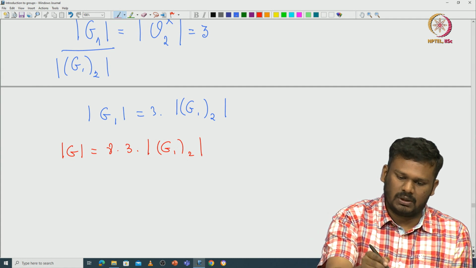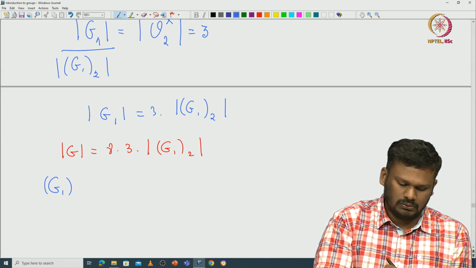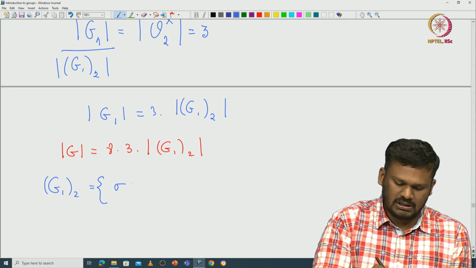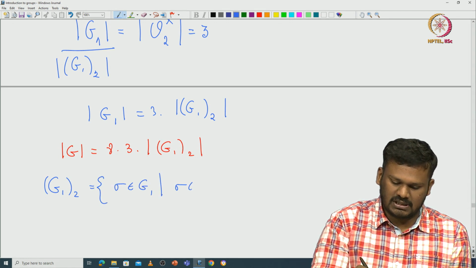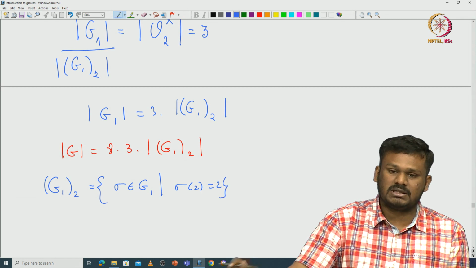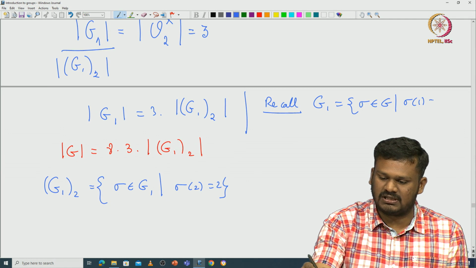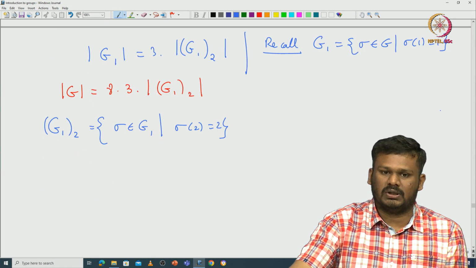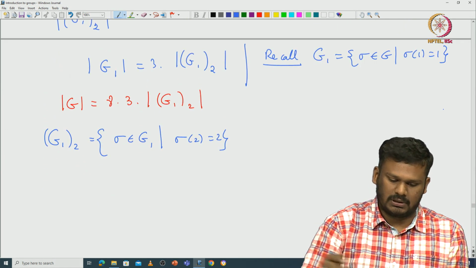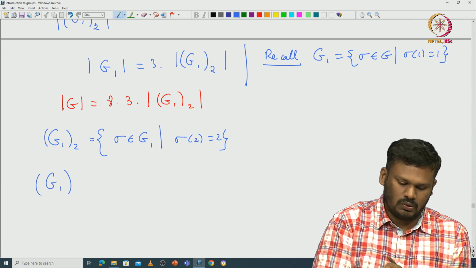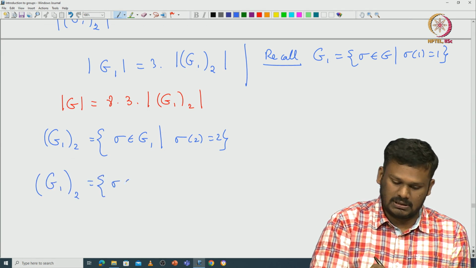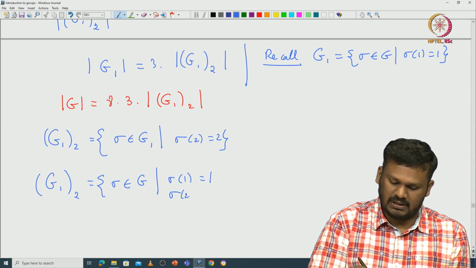But let us recall what G12 is. G12 is nothing but those sigma in G1 that fix 2. And G1, recall, is nothing but those sigma in G that fix 1. So, G12 is nothing but those sigma in G that fix 1 as well as 2.